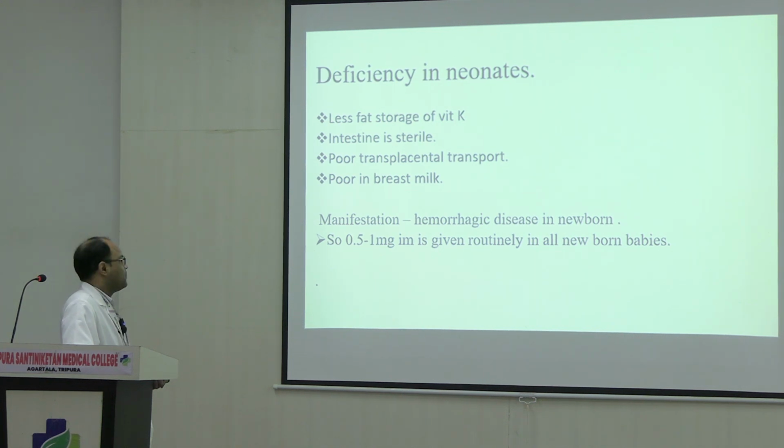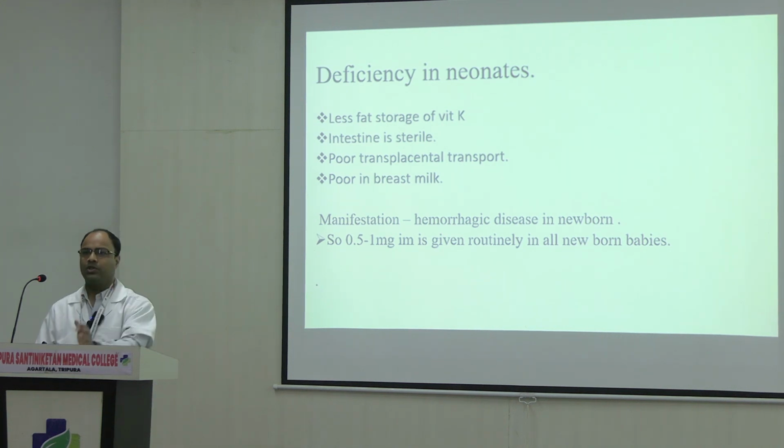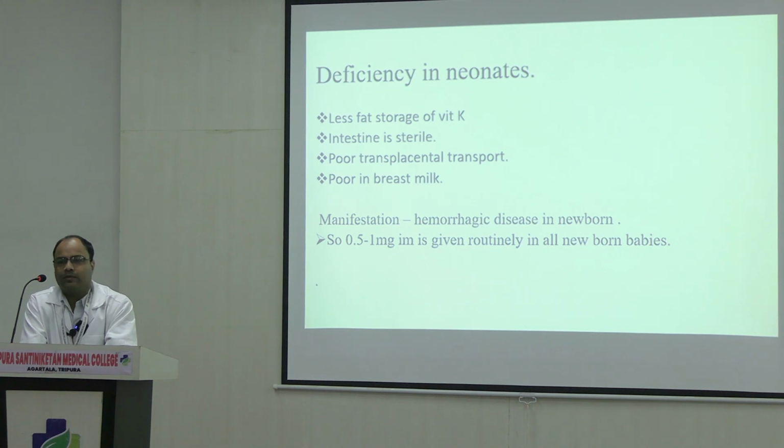These are some causes. So newborns are prone to develop hemorrhagic disease, like intracranial hemorrhage, hemorrhage from the GI tract, and umbilical cord bleeding. These are dangerous conditions which can lead to death of the newborn.